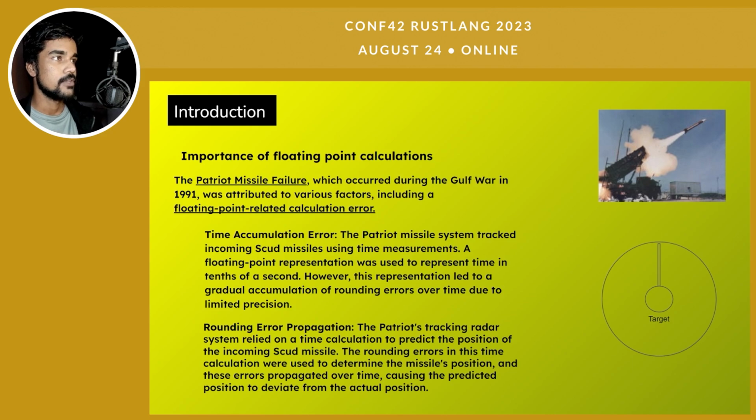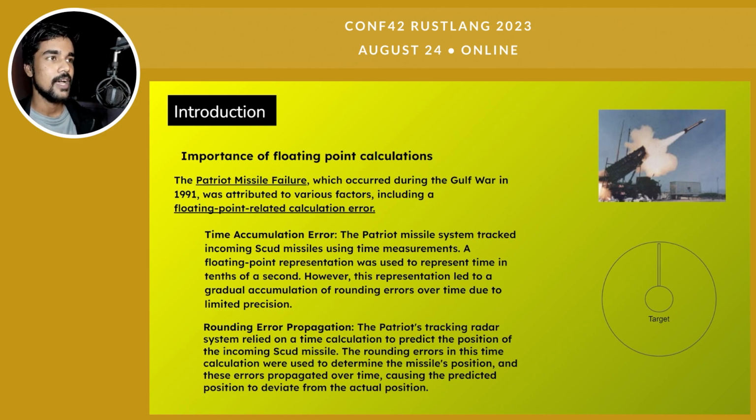Proceeding to the next slide, I would first like to give you a sense of why floating point numbers are so important. Here's one basic example of what happened in the year 1991. There was a Patriot missile system. We all know that the U.S. has lots of different kinds of weapons in their arsenals.